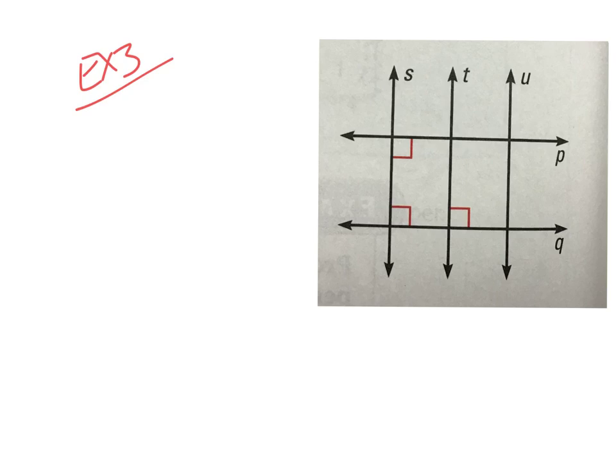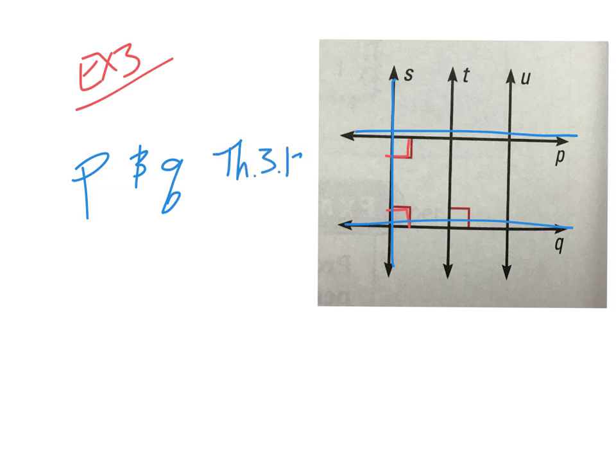All right, so looking at these, which ones can we say we know are parallel? PQ, because you see these two right angles, right? And then we have the transversal cutting through it. So what theorem proves that? 3.12. Yep, Theorem 3.12 proves that one.